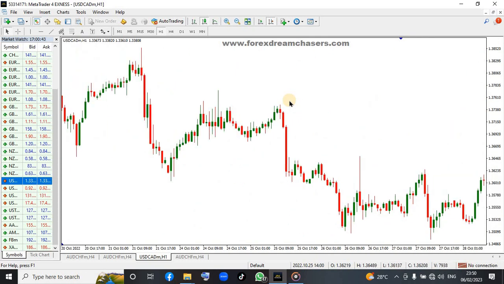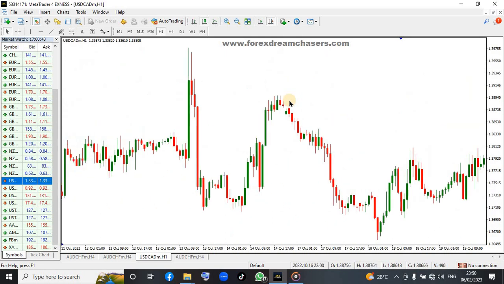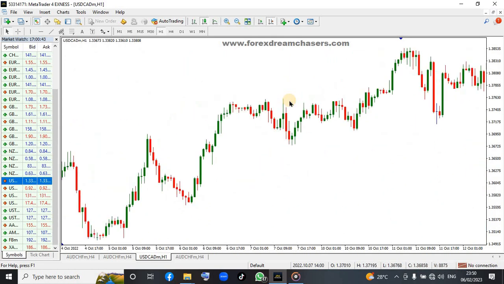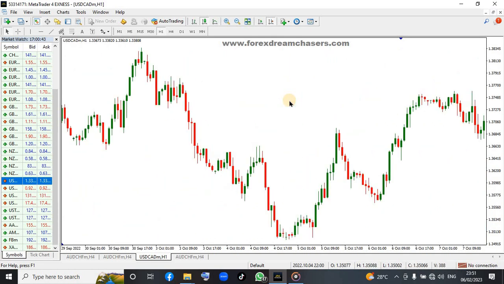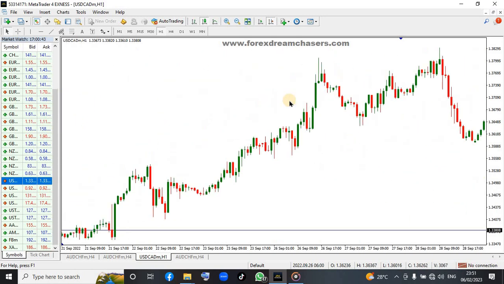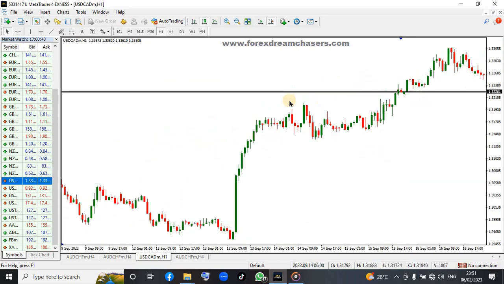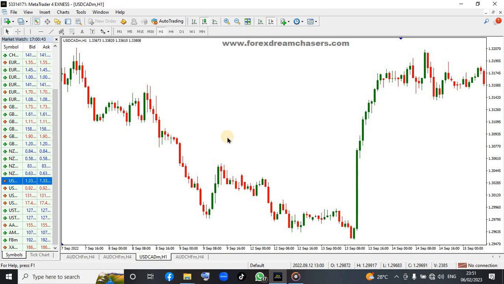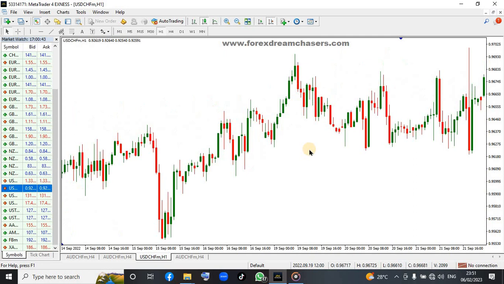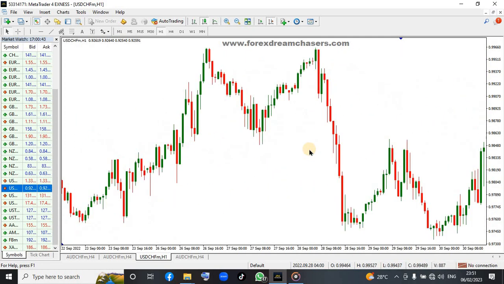Remember, not all the pairs or all the breakouts are gonna have the price retesting immediately. At some point you may not get even the retesting candlestick. At some point you might. So you need to observe. You don't have to just jump in.